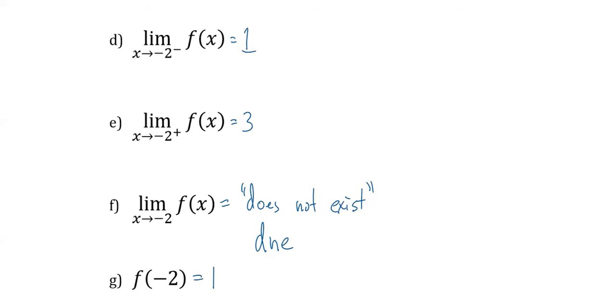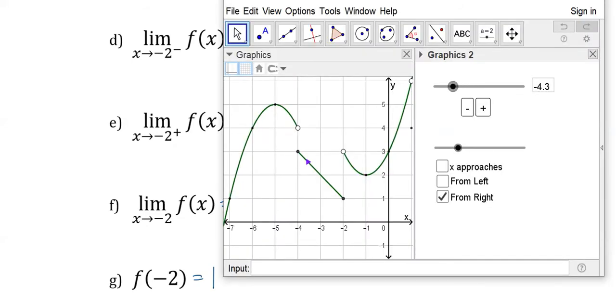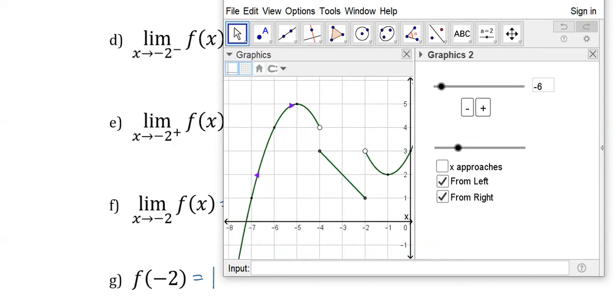Why? Because I'm going to go back to negative 6. The limit as it approaches from the left and from the right has to be the same for the limit to exist. And in this case, they were both 4. So the limit exists, and it is the value that it's approaching from both sides.